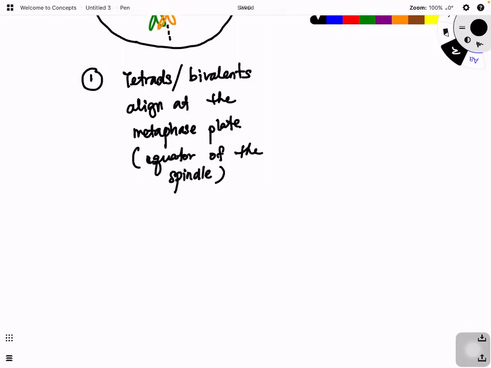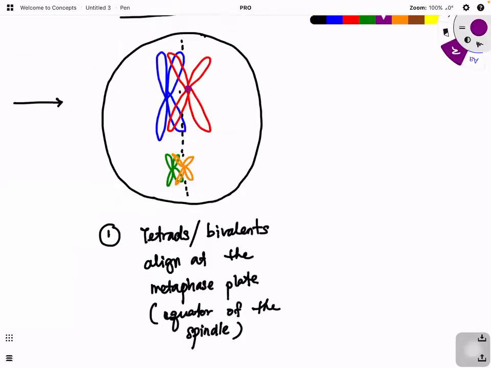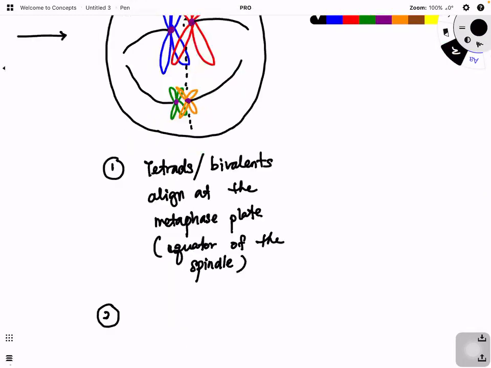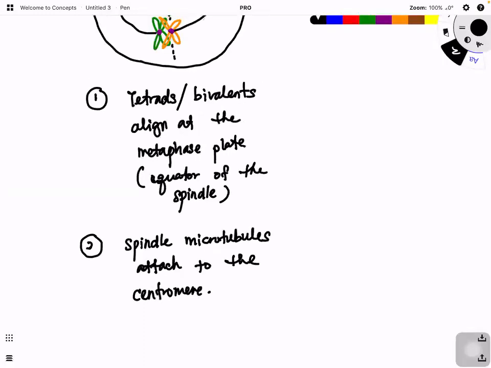If you zoom in, you realize that all of them will have the spindle microtubule attached to the centromere. Because of this, they will be able to align at the metaphase plate.